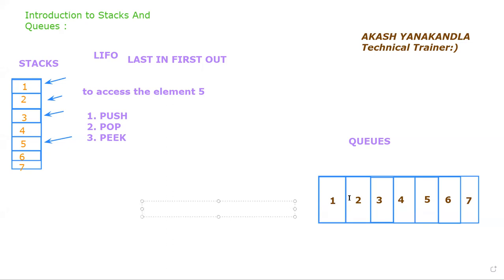That's why 1 will be accessed first. It means the first entered element will be the first coming out. Hence the name FIFO. FIFO means first in, first out. So that's it about stacks and queues.